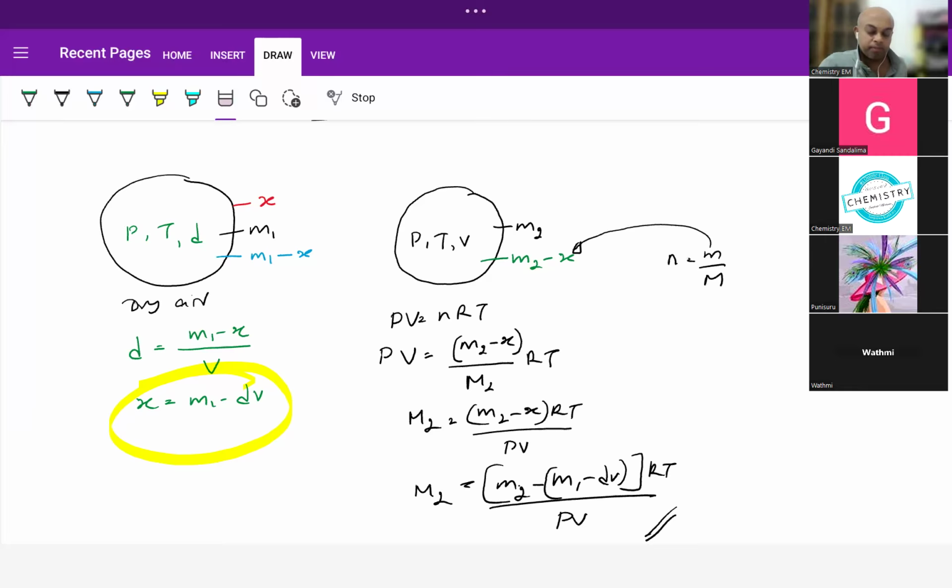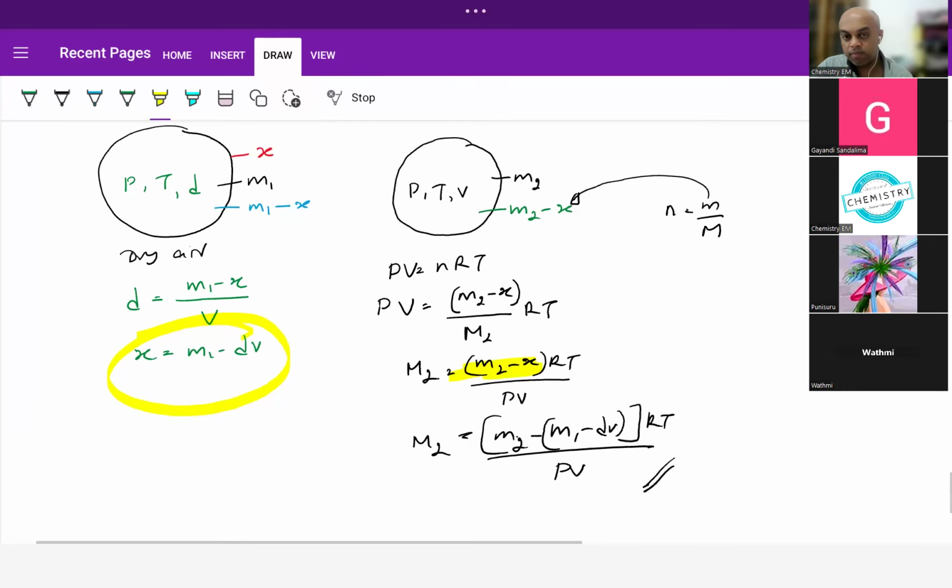Mass should be M2 minus X, and I have substituted X from M1 and dV. Then I can get the answer for M2 like this. Is it clear? Any more questions?